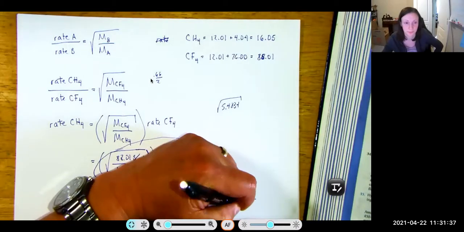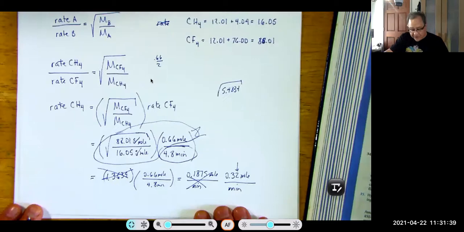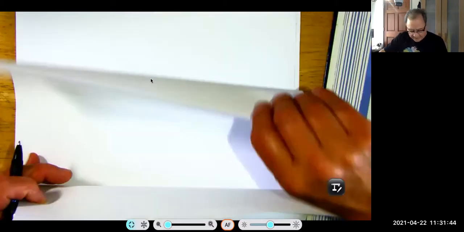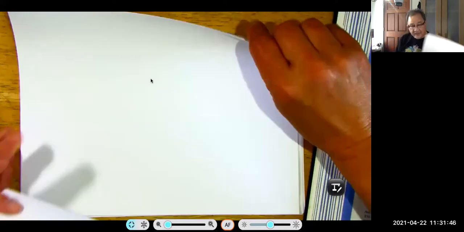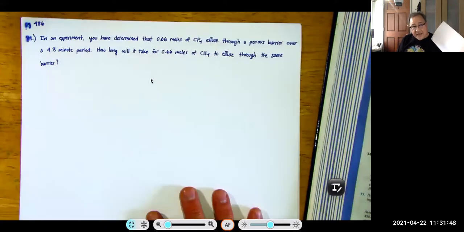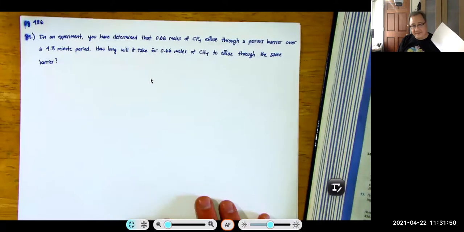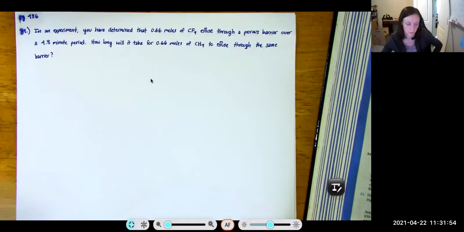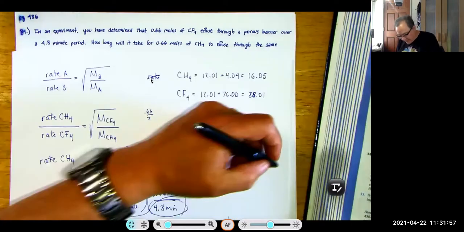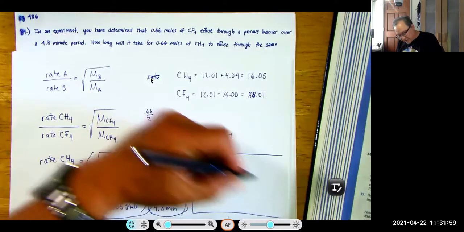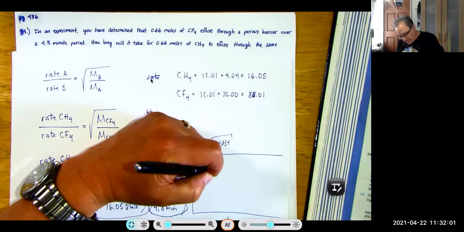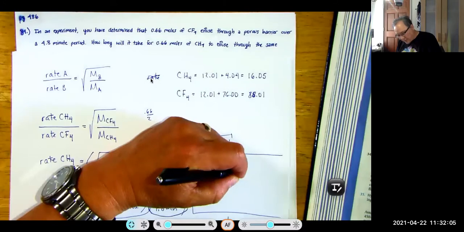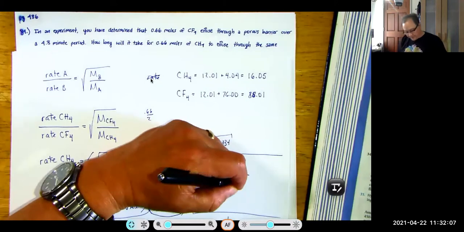Right. Okay, now the question, if we go back to it, if I can find it, is not what is the rate, but how long will it take? Oh, okay. So to finish this problem off, we need to take our 0.66 moles and multiply it by 1 minute per 0.32 moles.